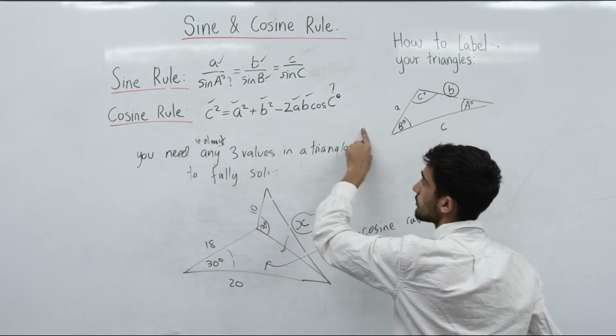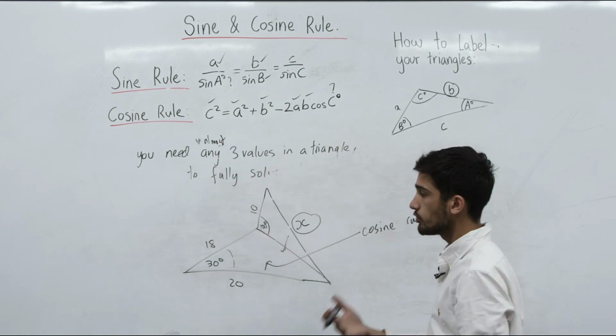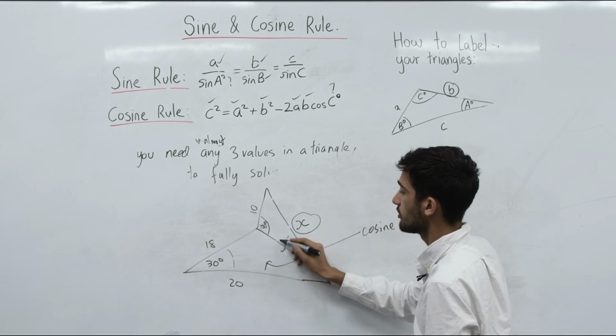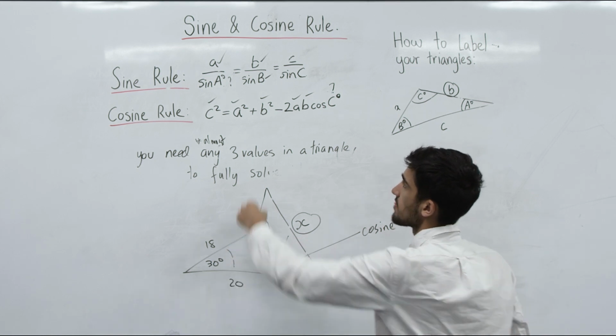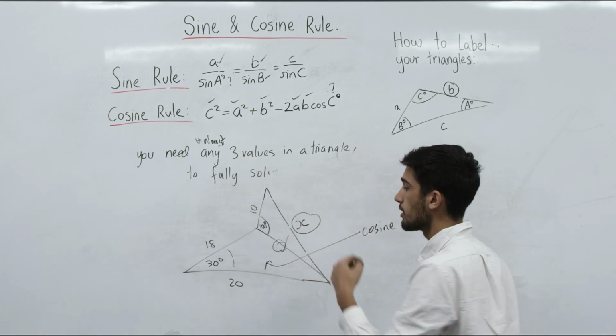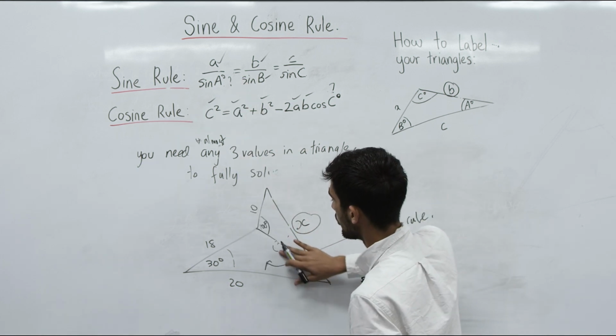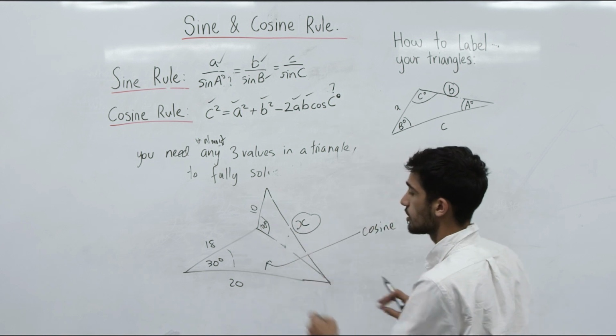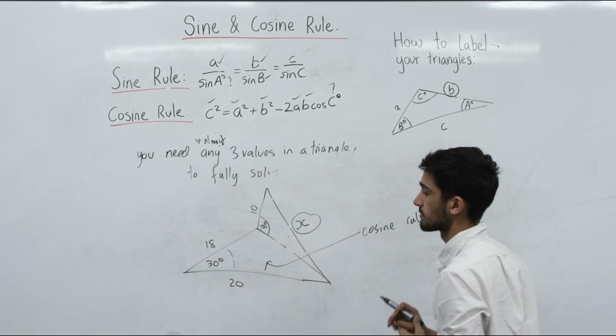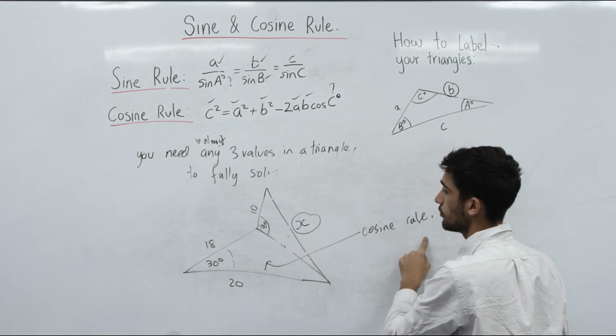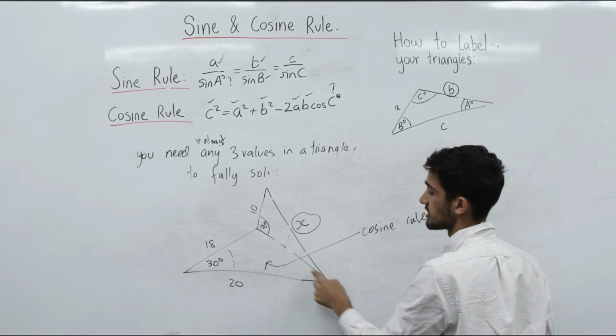You have to start with the cosine rule. Once you've used the cosine rule, you might have a side and its matching angle, and then you can start using the sine rule. But if you have no matching pairs of sides and angles, you have to use the cosine rule first. So we can use the cosine rule to solve for this distance here.